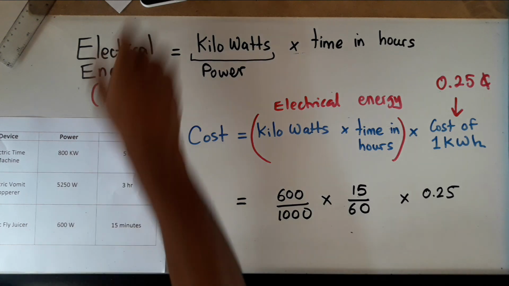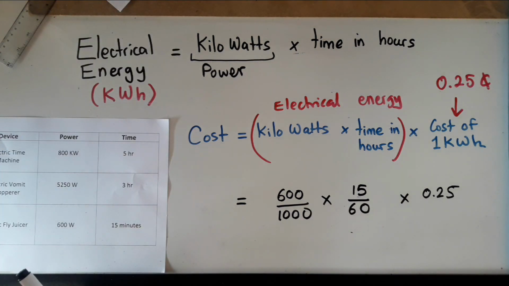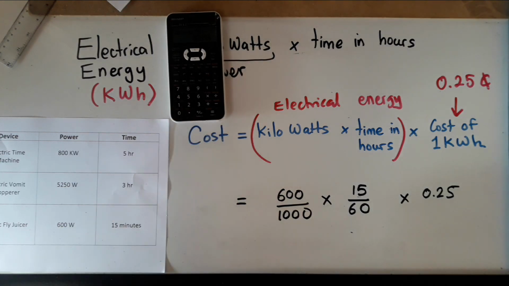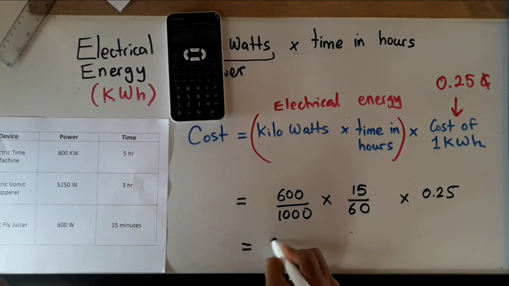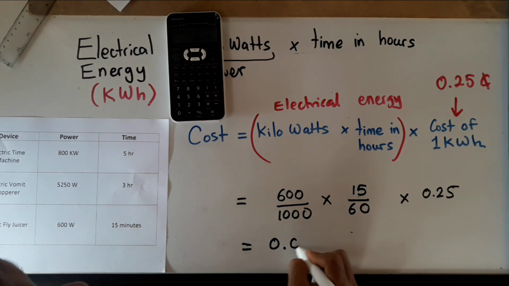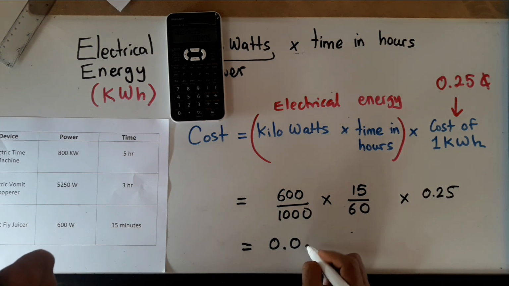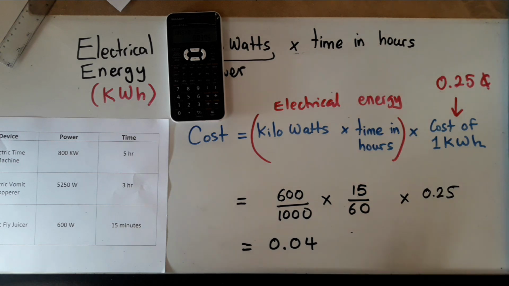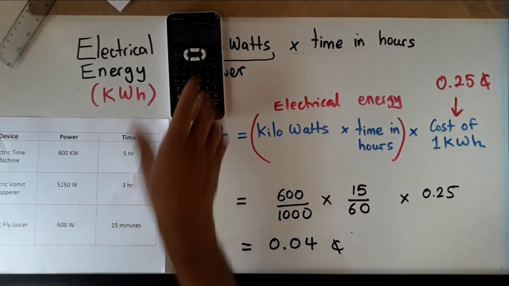Cool. So 600 divided by 1,000 multiplied by 15 divided by 60 multiplied by 0.25. This is a very small bill. If you round it off to 2 decimal places, it will be 0.04, which is really 4 cents. So this is a very small bill.